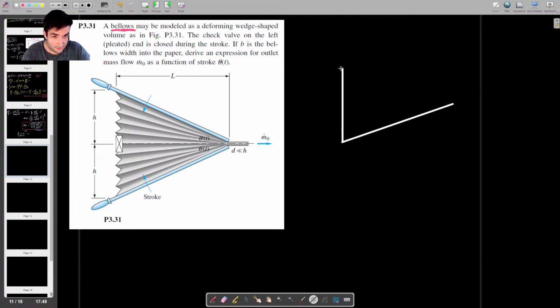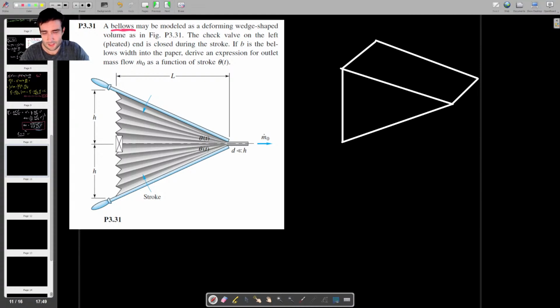That's how it looks in 2D, but in 3D, it's kind of like this, right? So it has a depth into the paper, like that. So this is a very simplistic view of how this bellows looks.